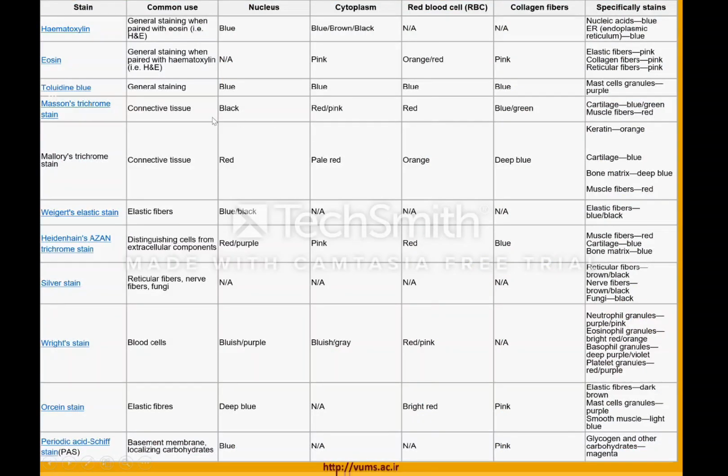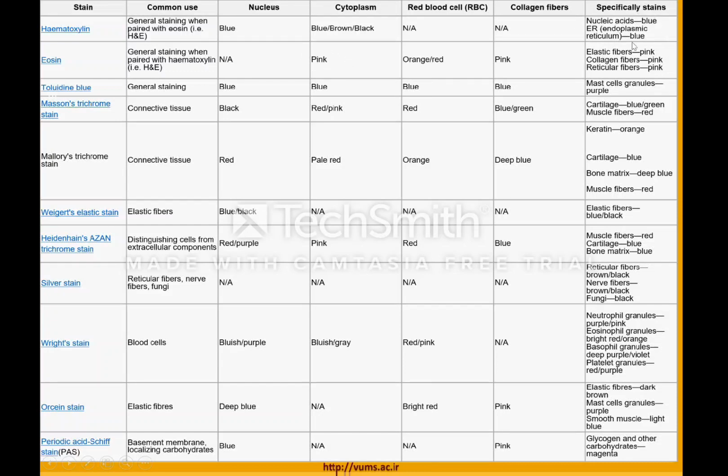In this table, there are different stains for different structures of the cell. Hematoxylin and eosin is generally used for different tissues. Eosin is a general stain when paired with hematoxylin. Hematoxylin stains the nucleus blue, and eosin stains the cytoplasm pink.